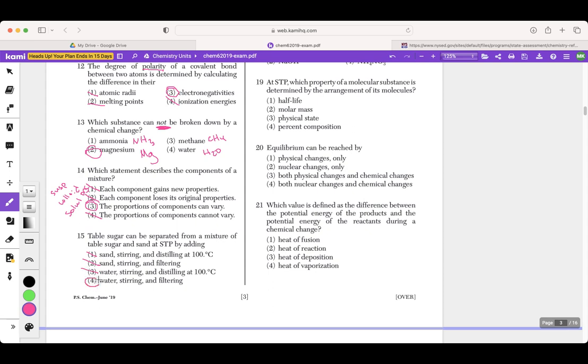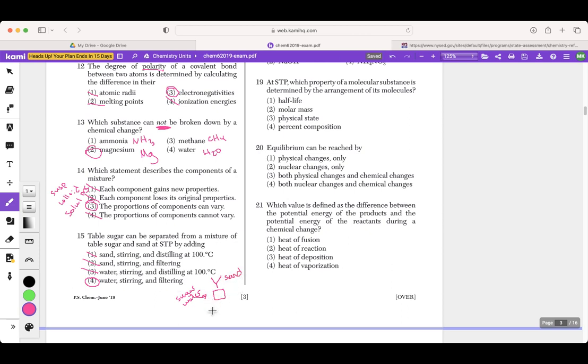Choice 4 is your correct answer because you will then be left with, and I'll draw the funnel, you'll be left with sugar water here in your beaker. And in your filter, you're going to be left with the sand that did not dissolve.